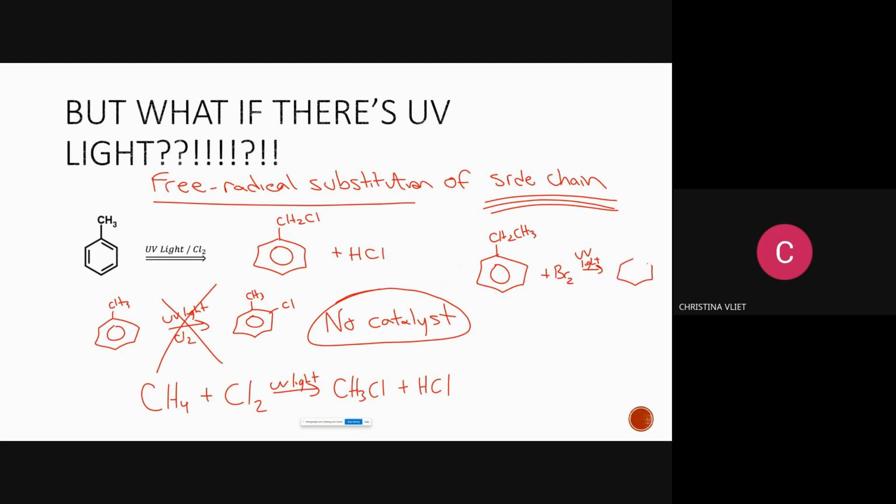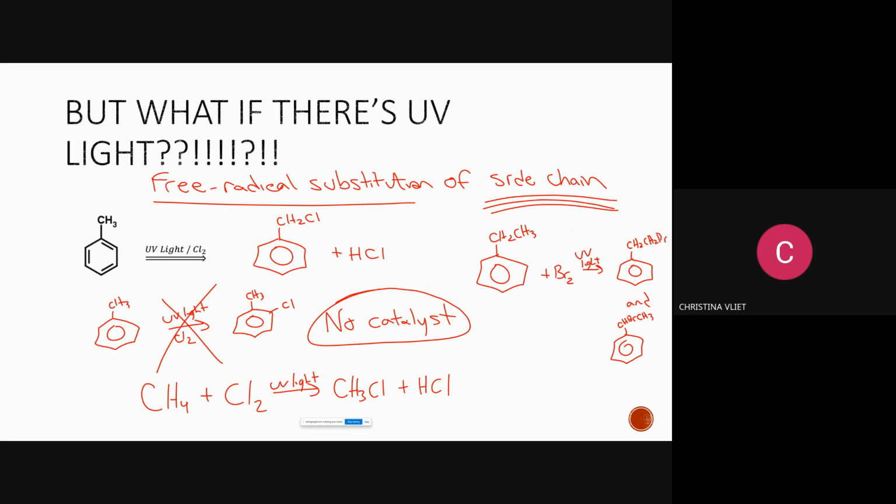So you could get CH2, CH2Br, and you could get CHBr, CH3. You may recall that in a free radical substitution, it's not targeted, meaning that when a propagation happens, this happens over and over again.